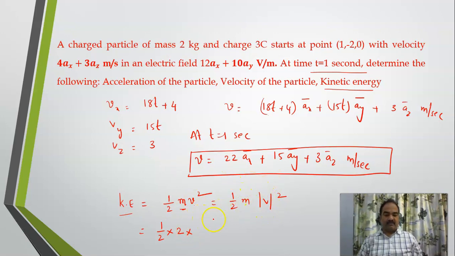Now mod v square, what is mod v? It is square root of 22 square plus 15 square plus 3 square, whole square. So this is at t is equal to 1 second. At different seconds, then it may be different.